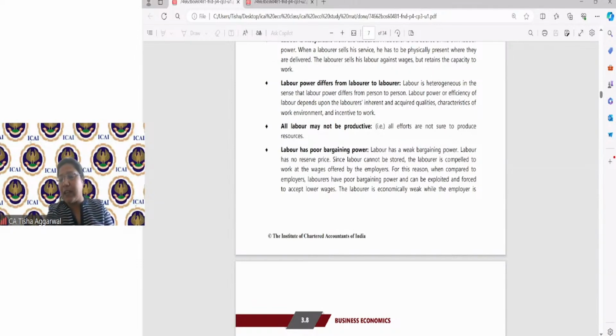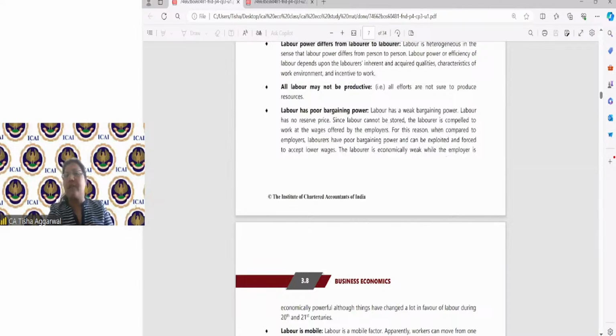Especially in India, we have a major problem because of the population explosion and huge population, so we have very weak bargaining power. Employers at times exploit the labor, due to which negotiation power goes low. However, again, it's not always. There are exceptions to every rule, but we are talking about the generality.